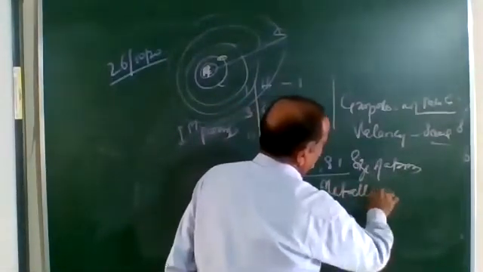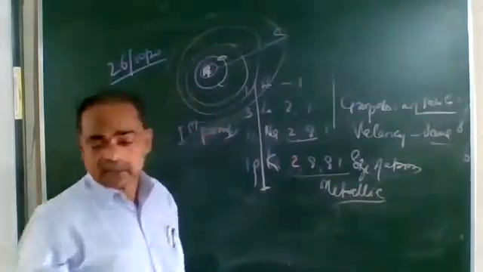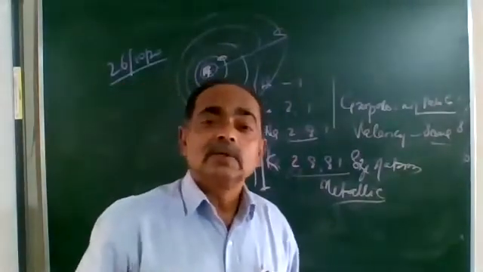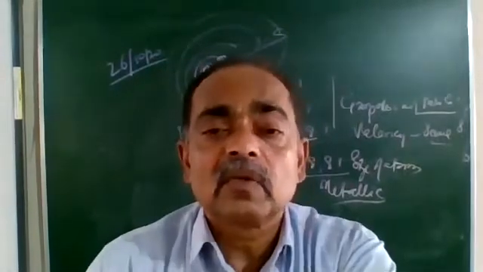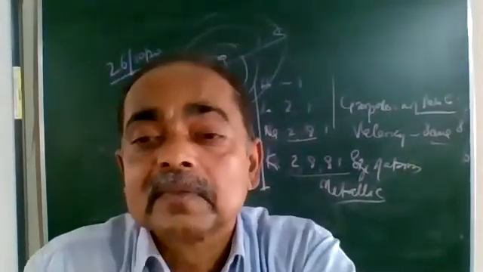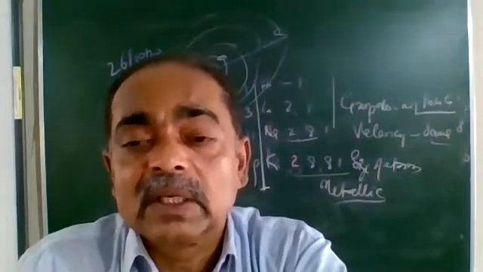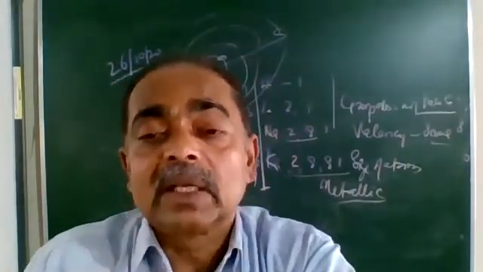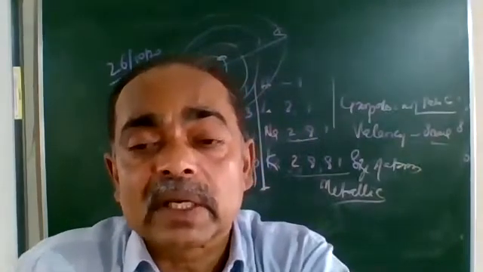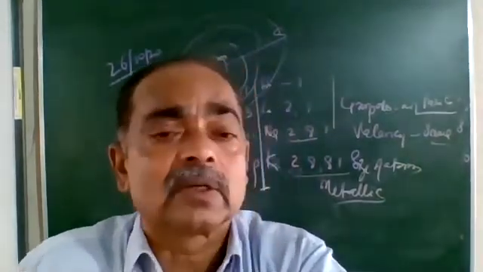The next one, metallic character. We studied the properties of the elements in the period. In groups, metallic character is defined as the ability of an atom to lose electrons. An atom has to lose an electron, which needs energy, and that energy depends upon the force of attraction exerted by the nucleus on the valence electron.